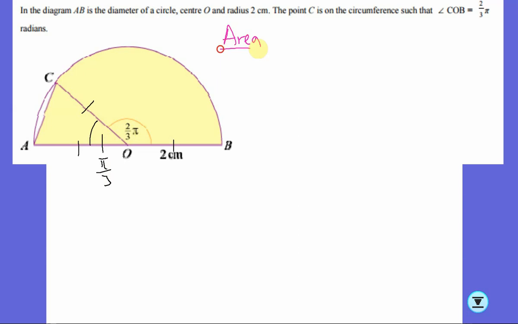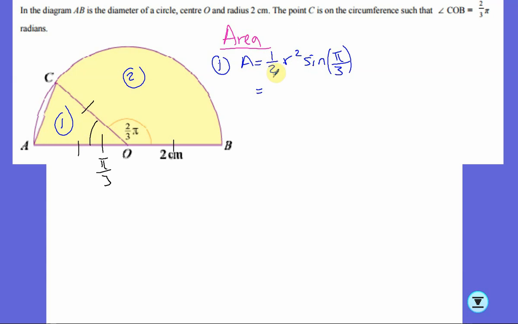Okay, so the area. So we've got two sections, section 1, section 2. Section 1 is a triangle. Now, if you think of the formula half AB sine C, A and B for this angle here are both radii, so we can change it to this. So half AB sine, and I'm just going to put pi over 3 in here.